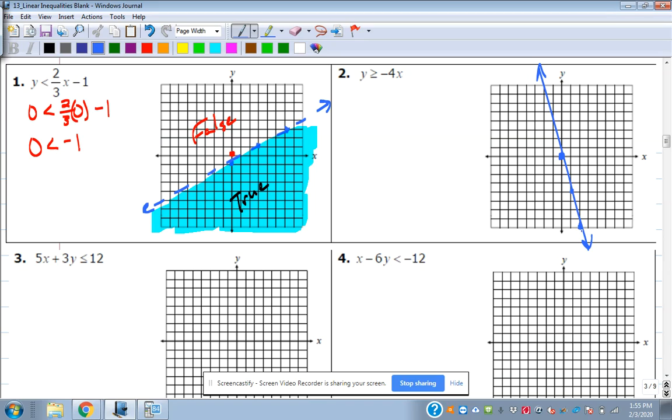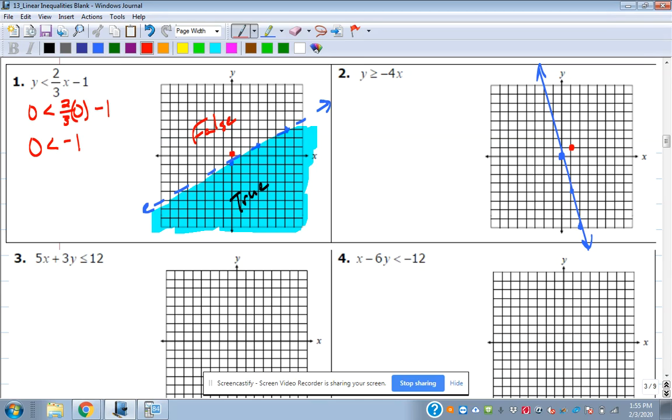There's my solid line. Now I need to get a test point. Can I use the origin again? No, the line goes through it, so I got to pick something else. So make it easy on yourself. I'm going to pick that point right there. 1, 1. Why am I picking that one? It's easy, and I can't screw it up when I put it in to the inequality, right?